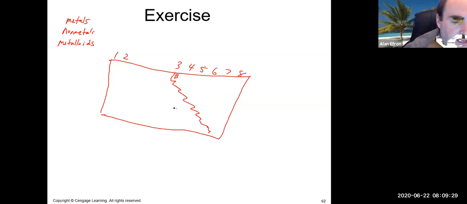And to the left there is where we find our metals. Above the staircase and to the right is where we find our nonmetals. And again, this sort of staircase is our metalloids.